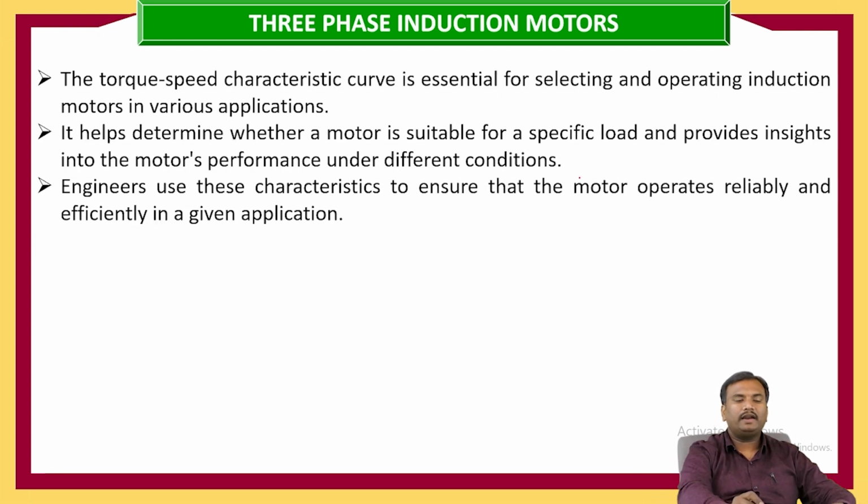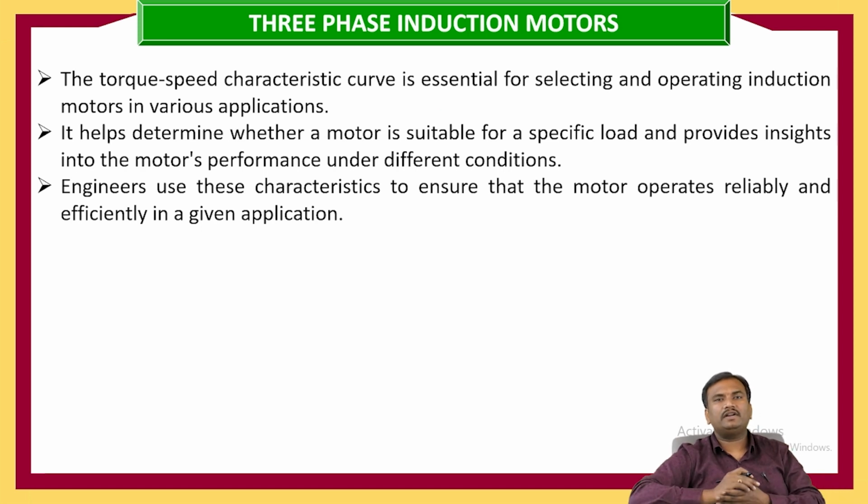The torque speed characteristic curve is essential for selecting and operating induction motors in various applications, because for any machine, we need to know what the torque condition is, what the speed condition is, and at which speed we get the maximum torque. If we have the complete data, we can easily use it for different applications.